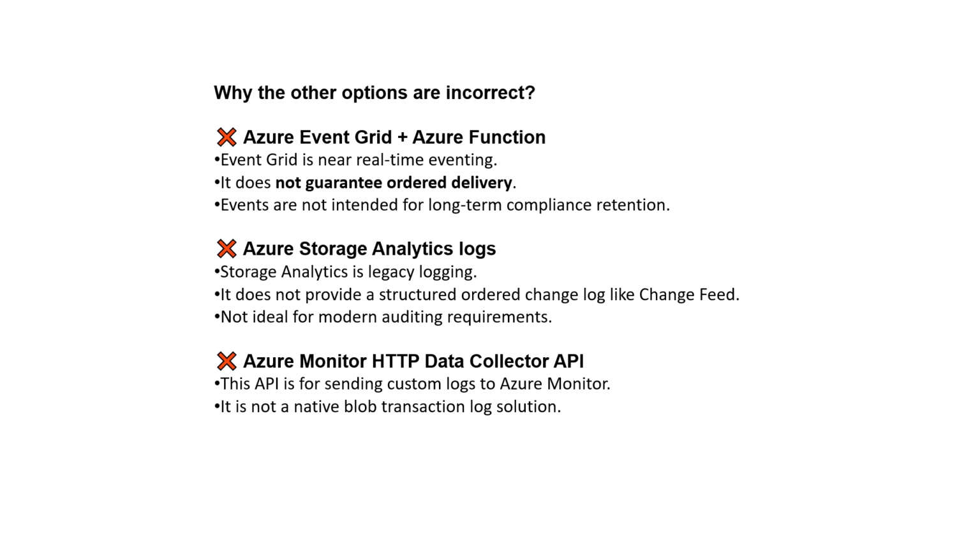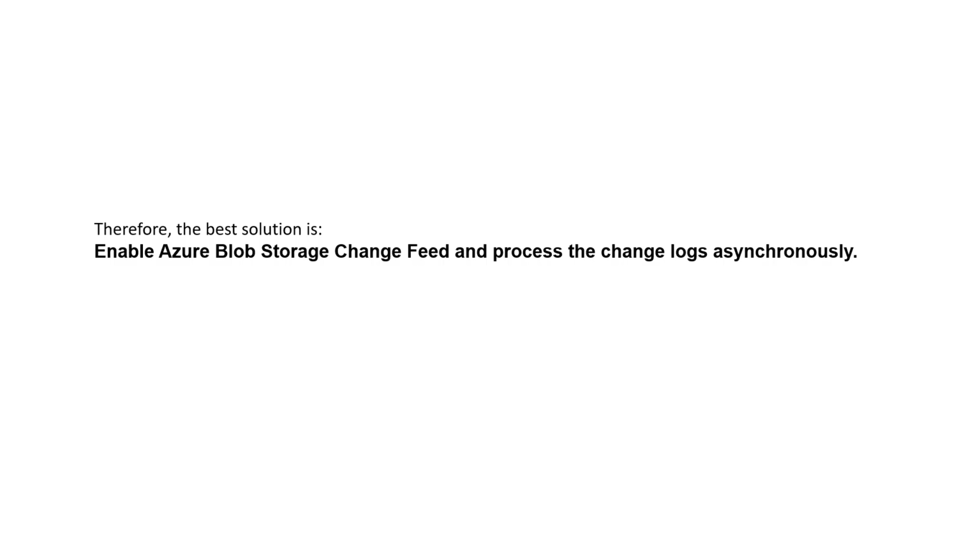This API is for sending custom logs to Azure Monitor, so it is not a native blob transaction log solution. So these are the reasons the other options are incorrect. The best solution is to enable Azure Blob Storage change feed and process the change logs asynchronously.